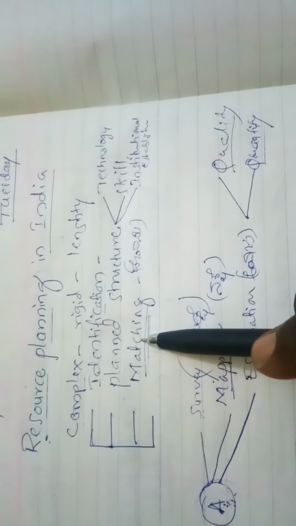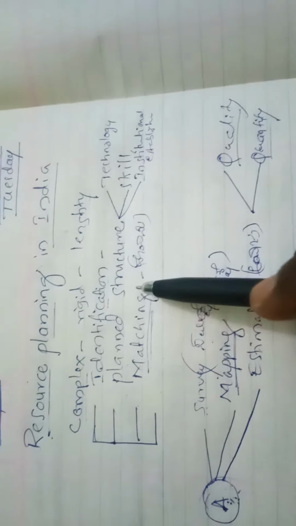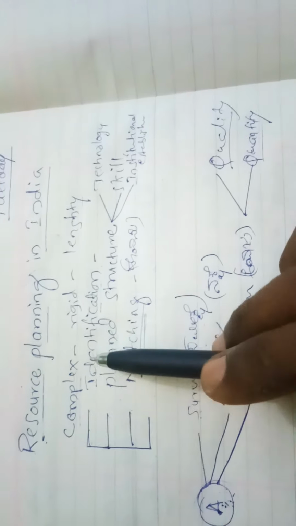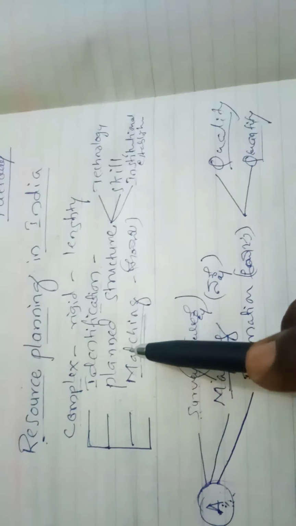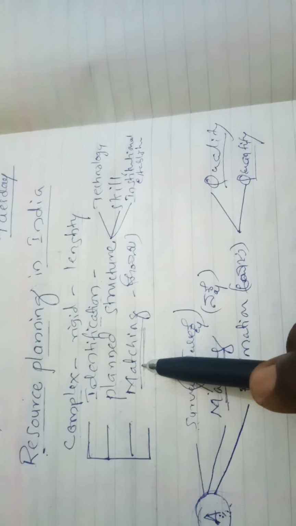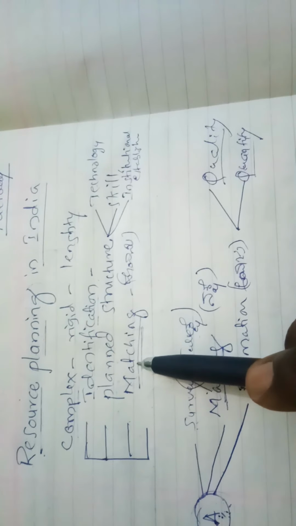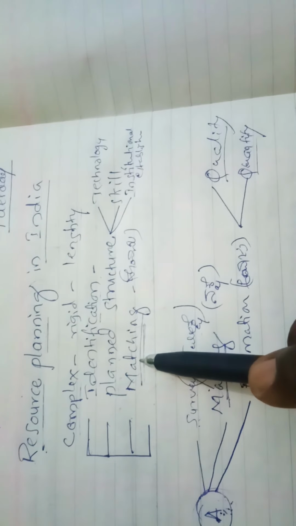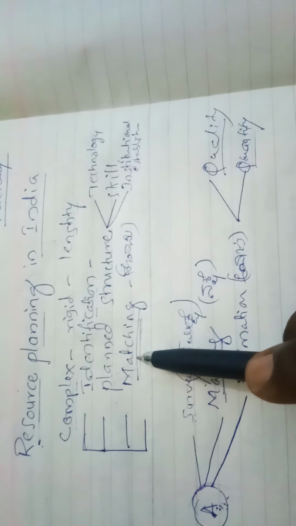Matching is the third stage, which mainly includes how the extracted or estimated resource in a region is going to be matched in resource development as well as national economic development and developmental plans and programs.